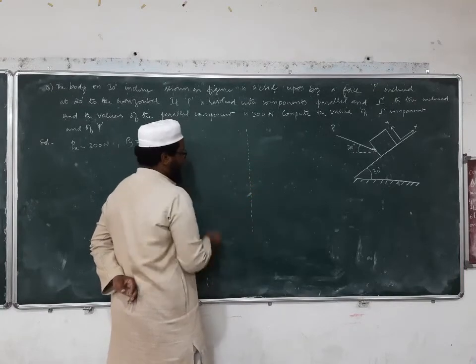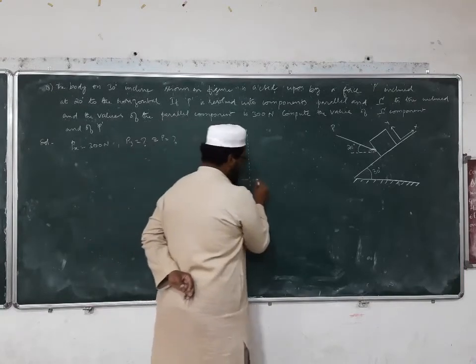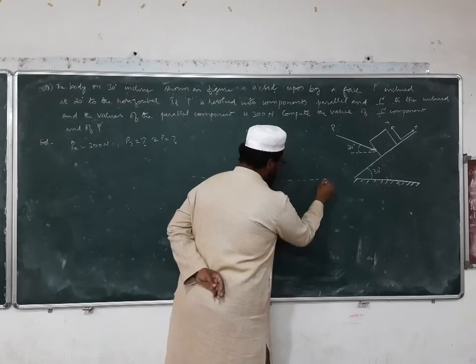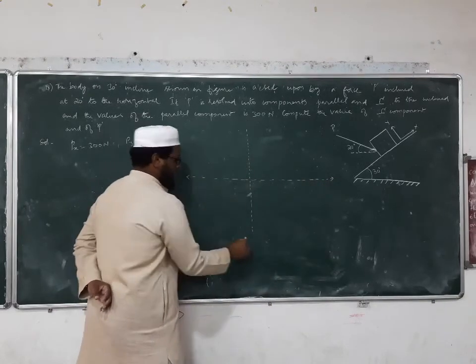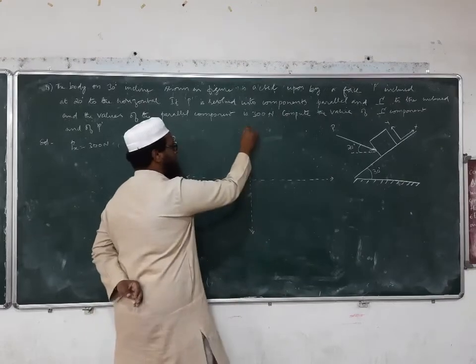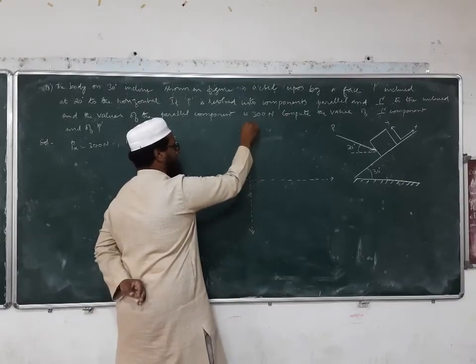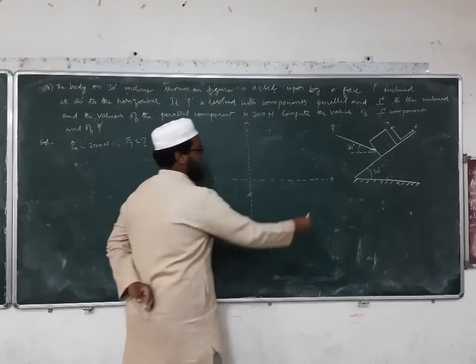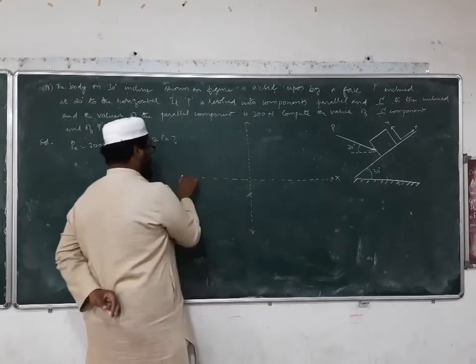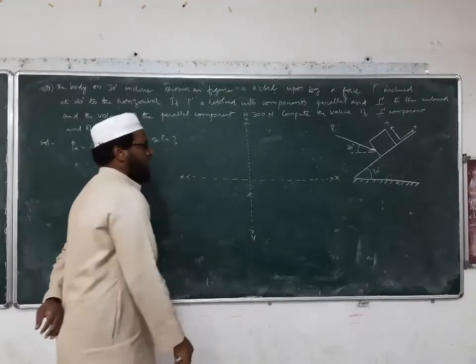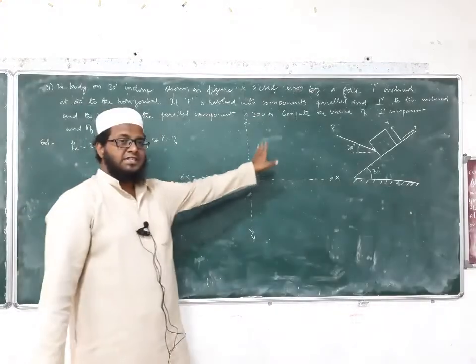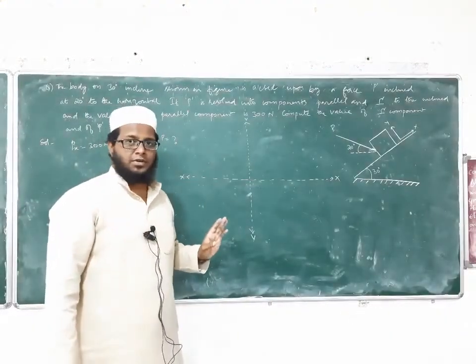This is y axis and this is x axis. This is the x and y axis, the dotted one.